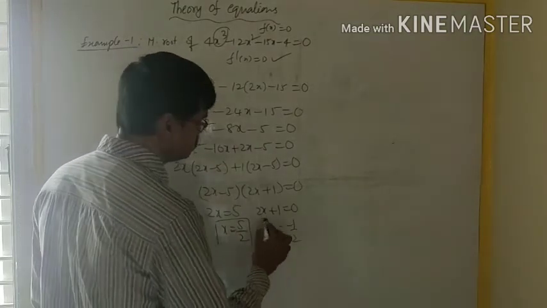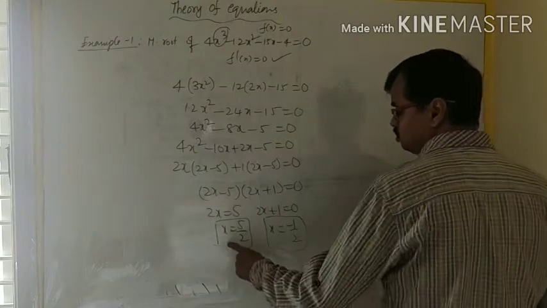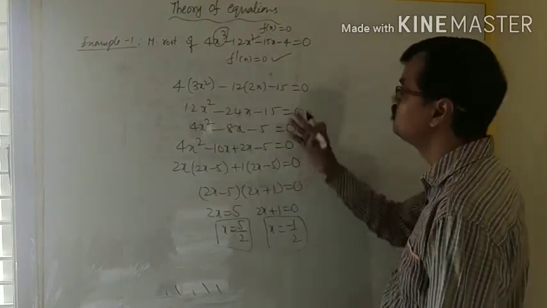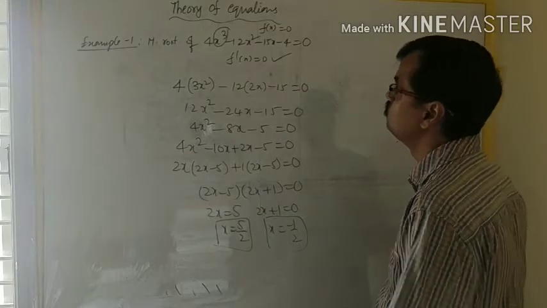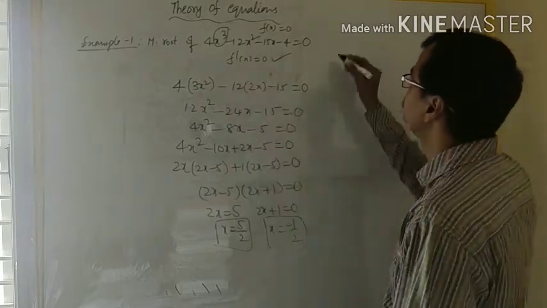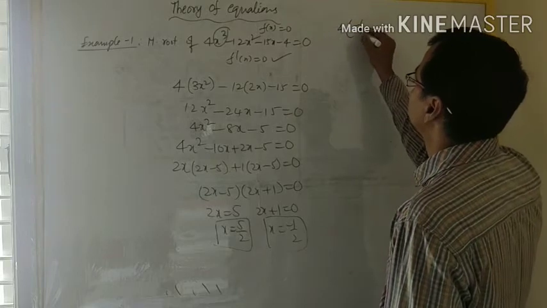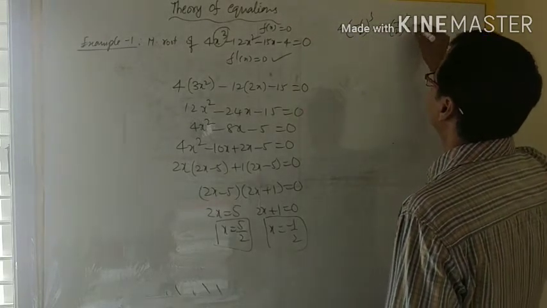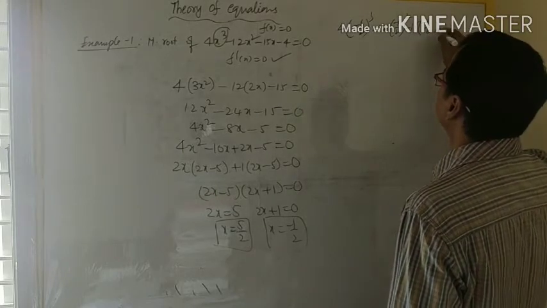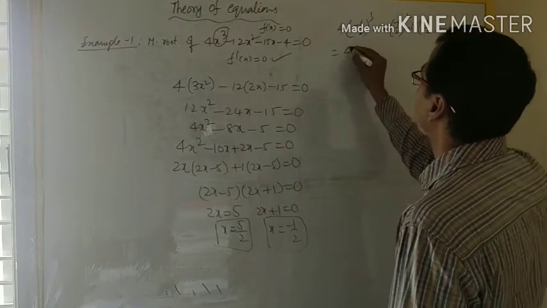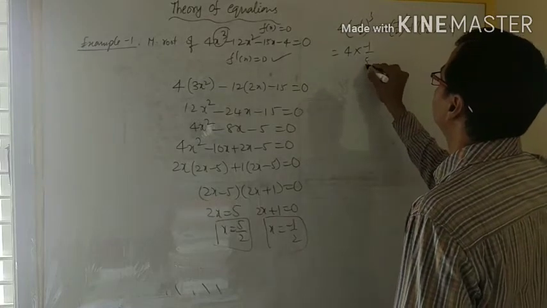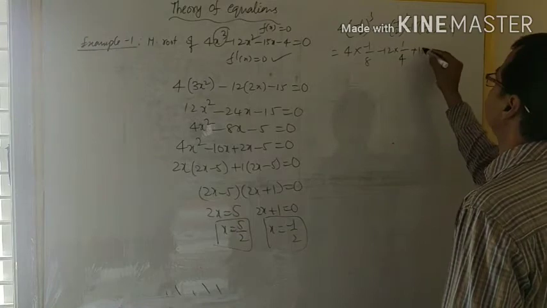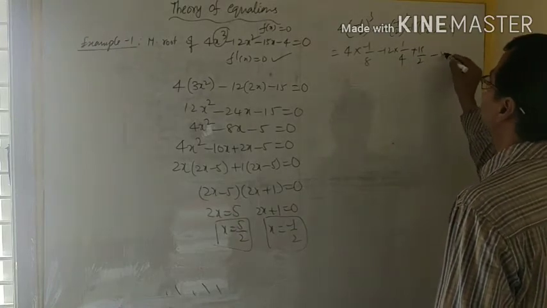So we got two roots. Among these two values, only one will satisfy the given equation. If you substitute minus 1 by 2: 4 into (minus 1 by 2) whole cube, minus 12 into (minus 1 by 2) whole square, minus 15 into minus 1 by 2, minus 4. We get 4 into minus 1 by 8, minus 12 into 1 by 4, plus 15 by 2, minus 4.